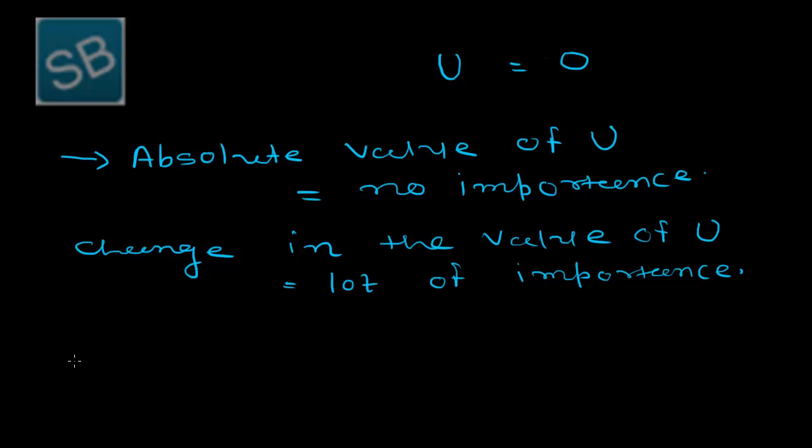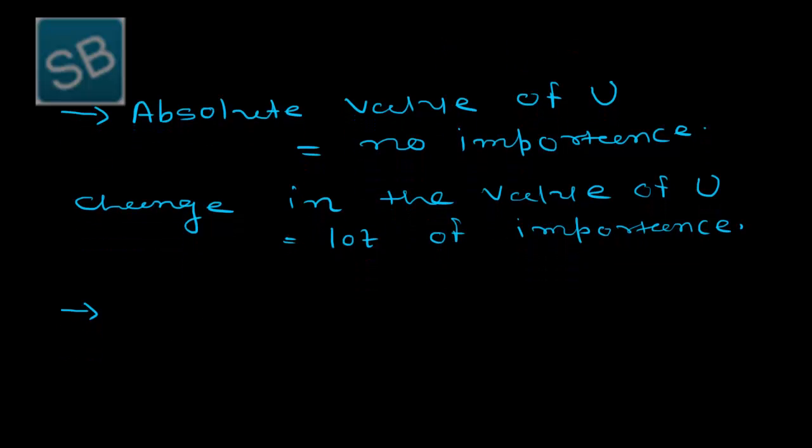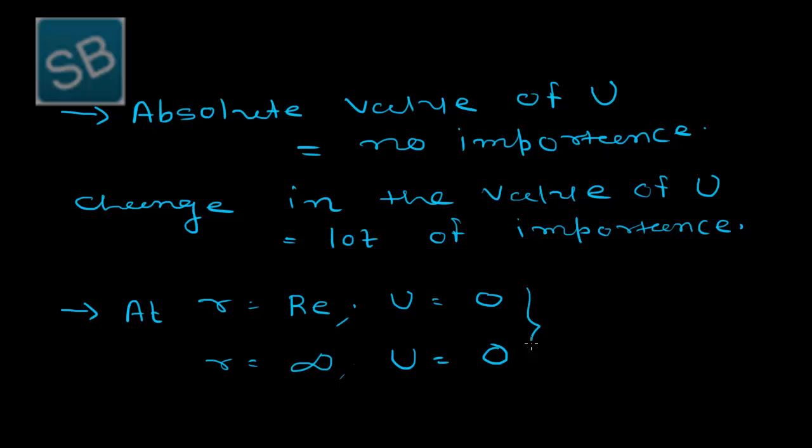And that's why in chapter number 5, work, energy and power, in the previous semester, we have also seen that at r equal to RE we have taken the value of potential energy as 0, as well as at infinite distance from the earth we have also taken the gravitational potential energy as 0.